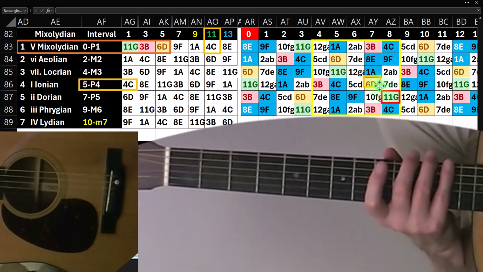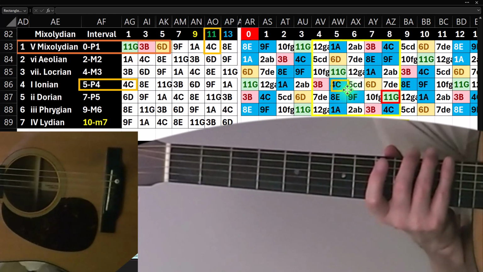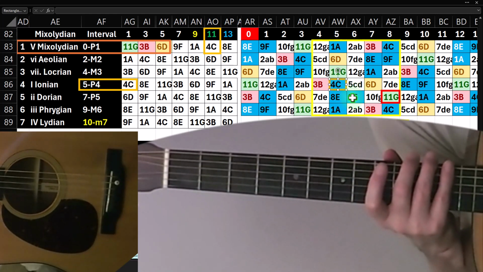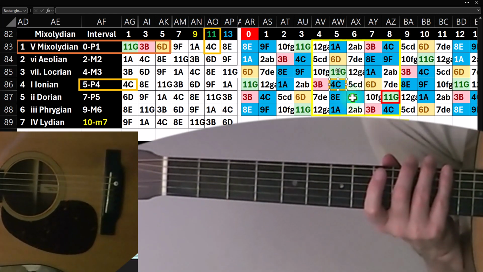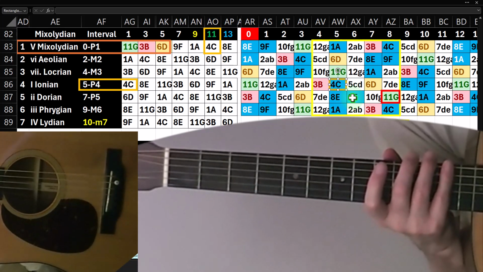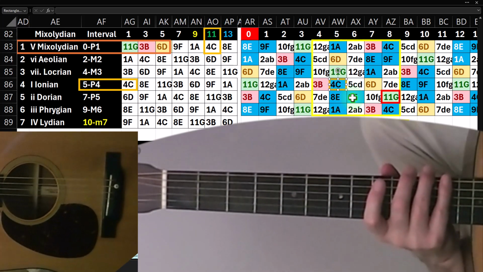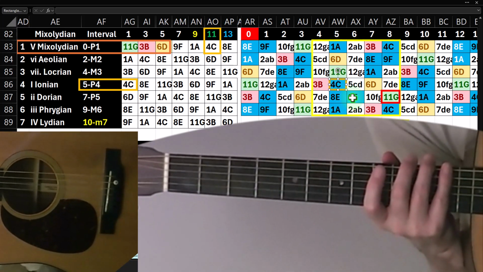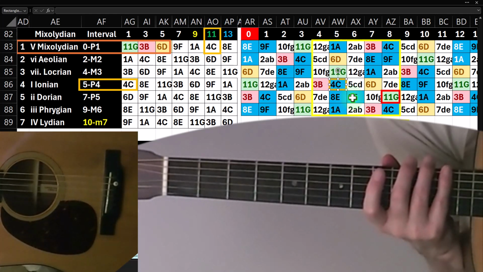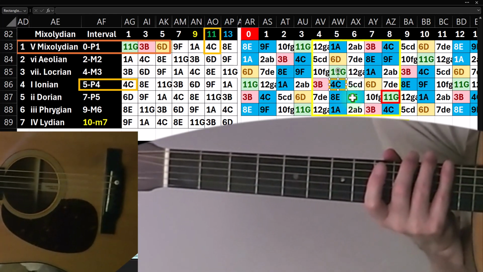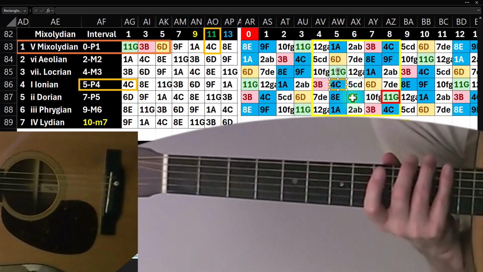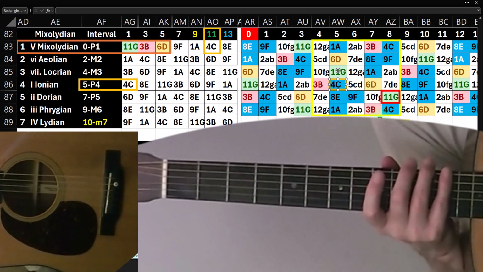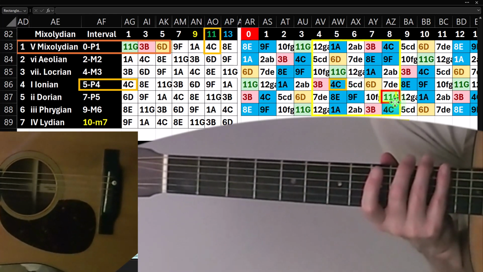All right, so let's go above it. So if I go above it, I'm looking for this C. So we're going to go above it and cross the fault line. Whenever I go above it, I have to take a look at the inverse distance. So a 5-note away perfect fourth is 12 minus 5, which is going to be a 7. The inverse of the perfects are each other. So it's going to be a 7 notes away distance that we're looking for. I have to cross the fault line.